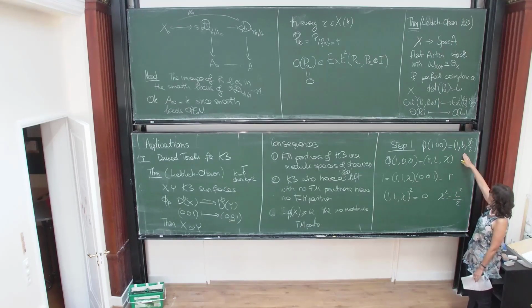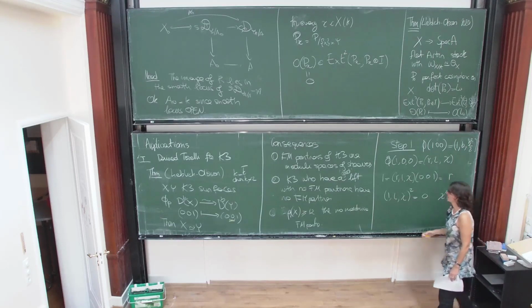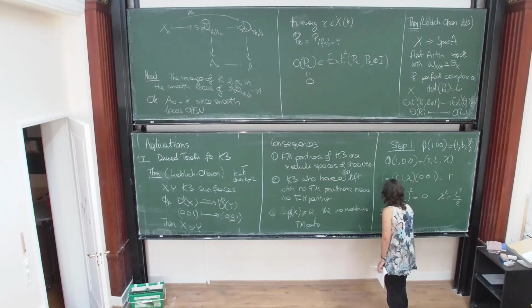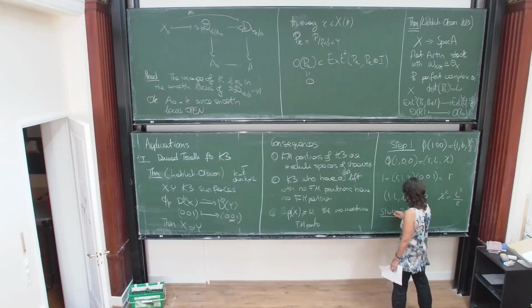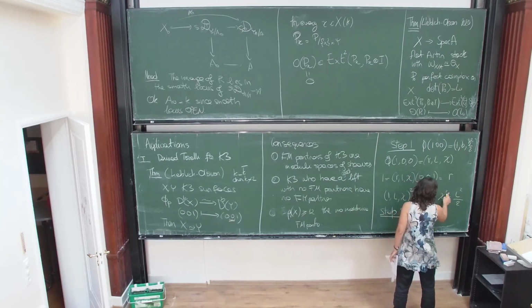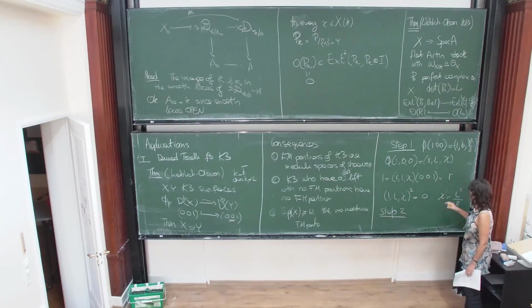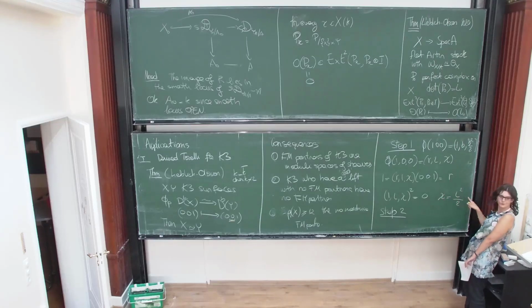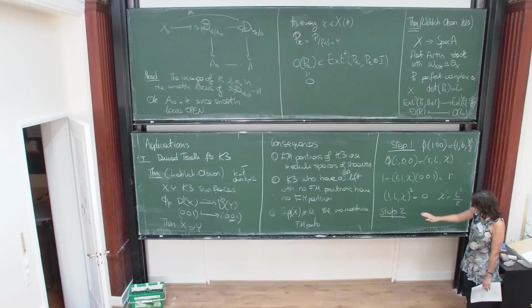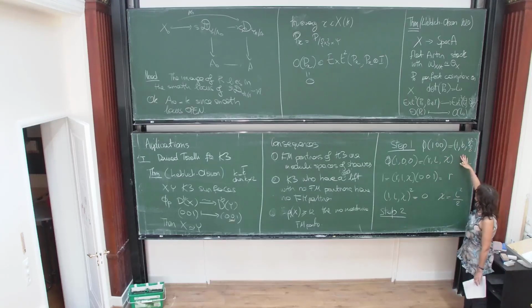And this tells you that 2 chi is equal to L squared. Okay, so this is of this form, which means that step two. I have this.